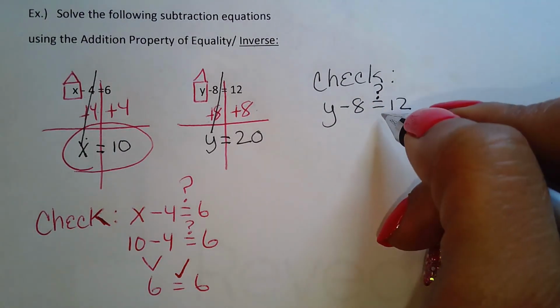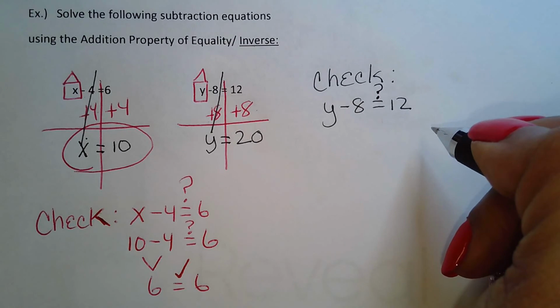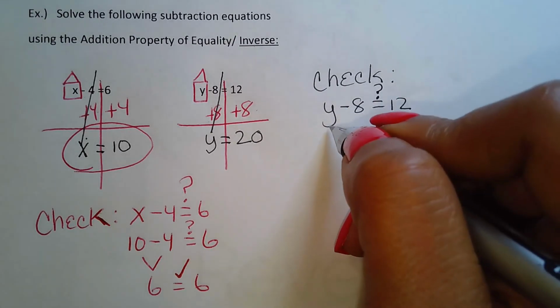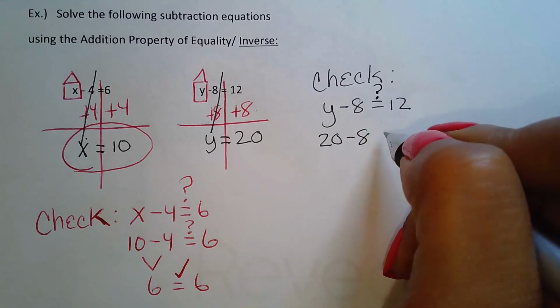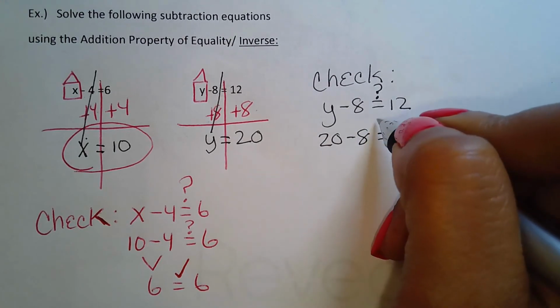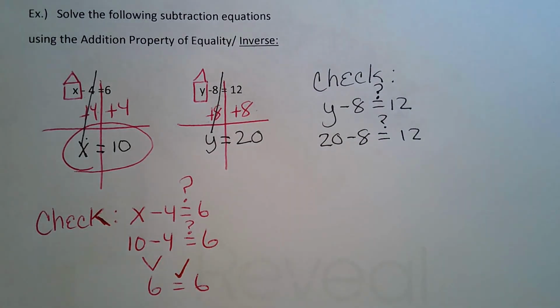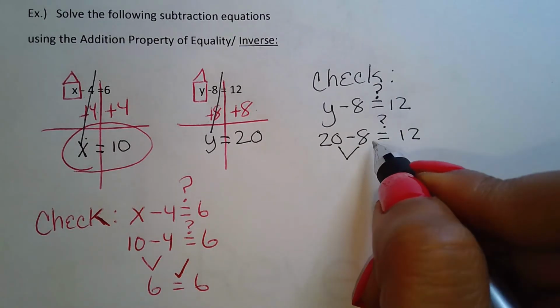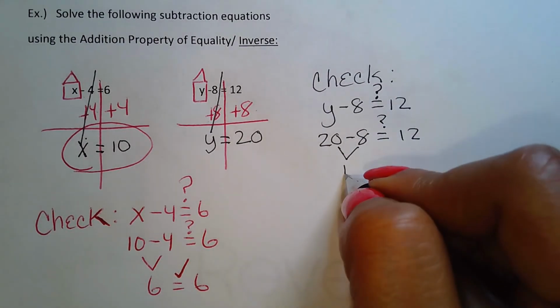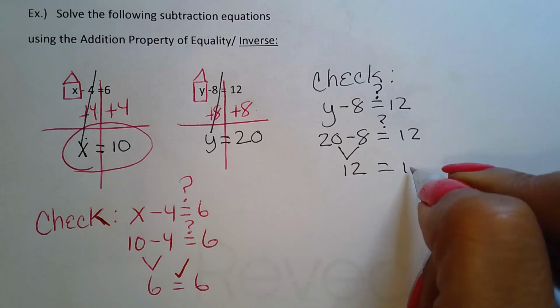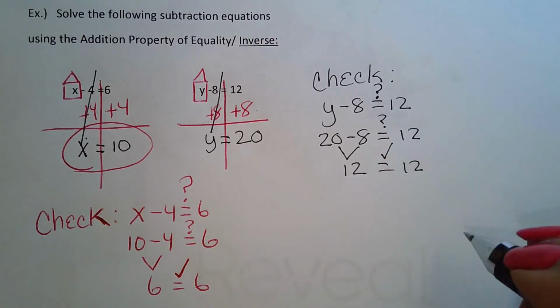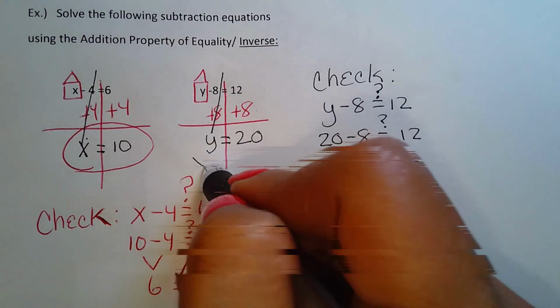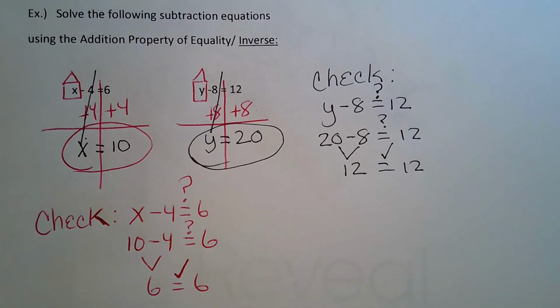Remember, you're putting your question mark there because we don't know if it's a true statement yet, so we're trying to test it out. All right, so in the place of y, I put 20, bring down my minus 8, and we're trying to test to make sure that equals 12. And 20 minus 8 simplifies to 12. And 12 always equals itself, so 12 equals 12. That lets me know that my answer is correct.